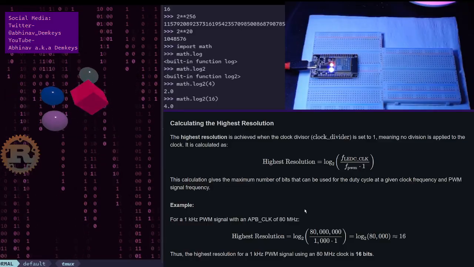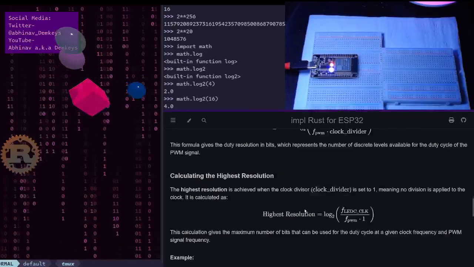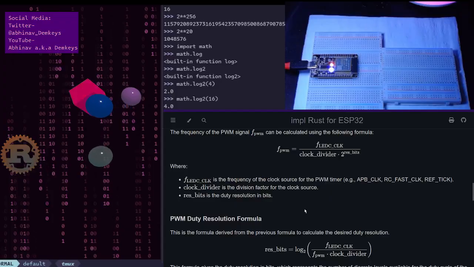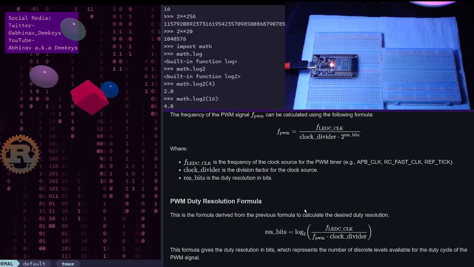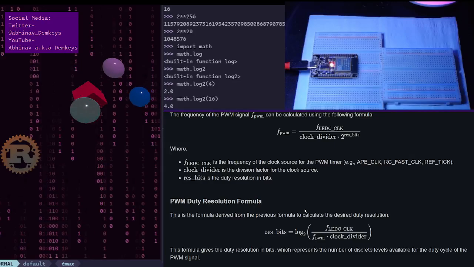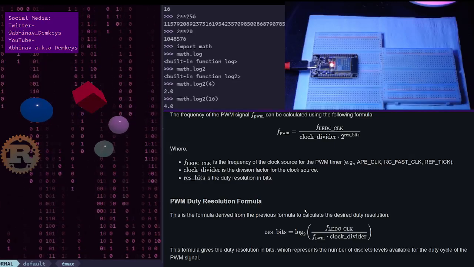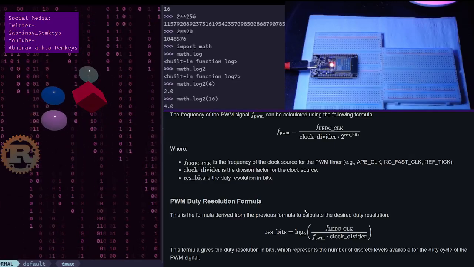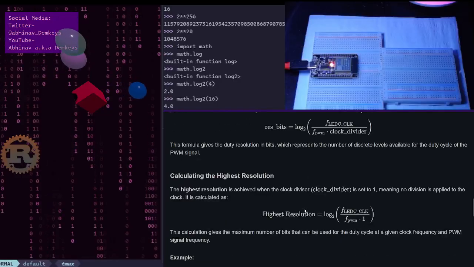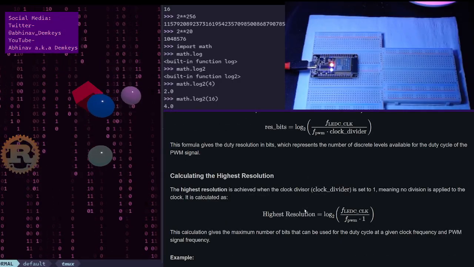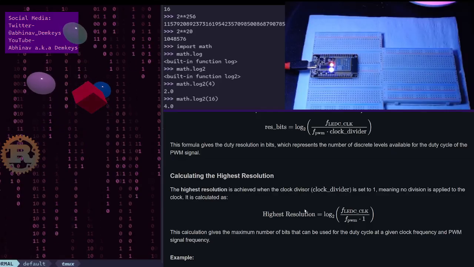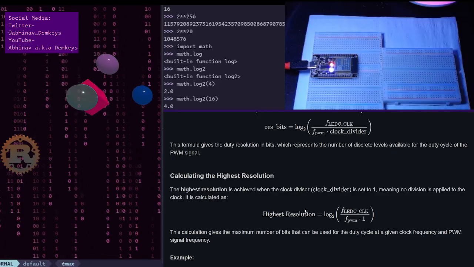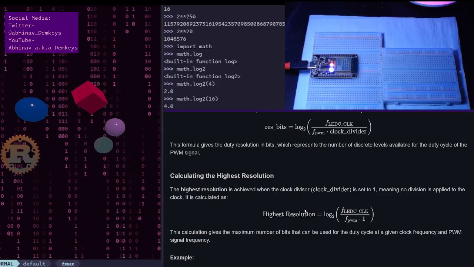LEDC clock is not the scaled version, right? That's the clock source. So we are going to do 80 million, then multiplication, then division, divided by FPWM.